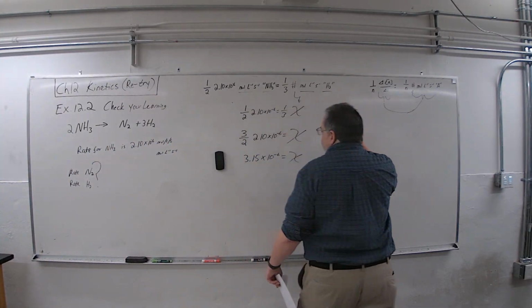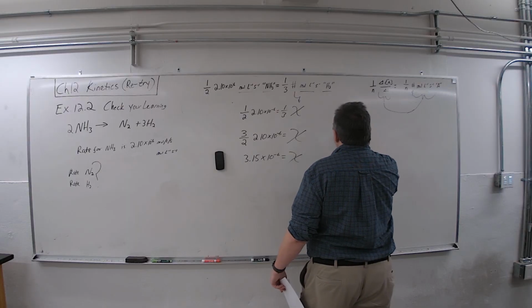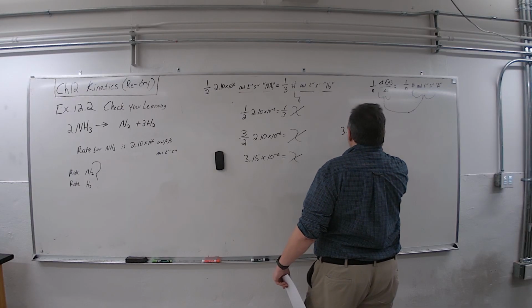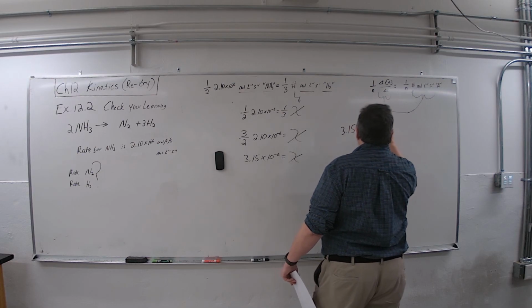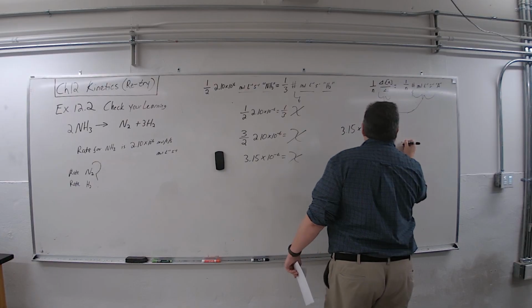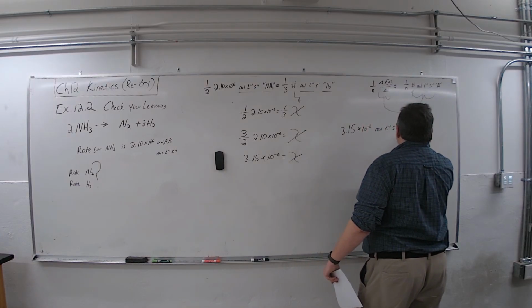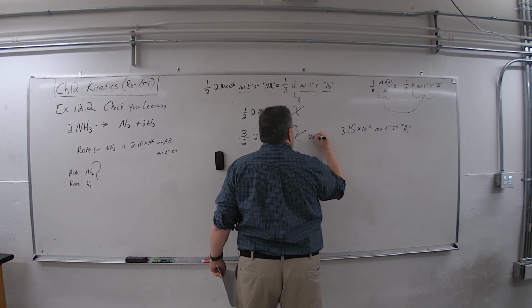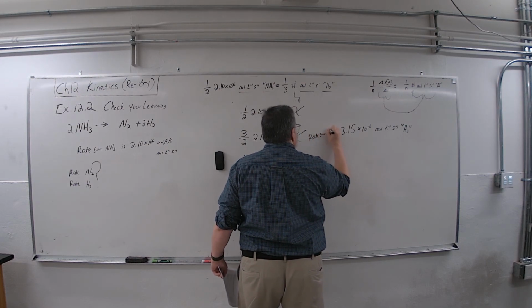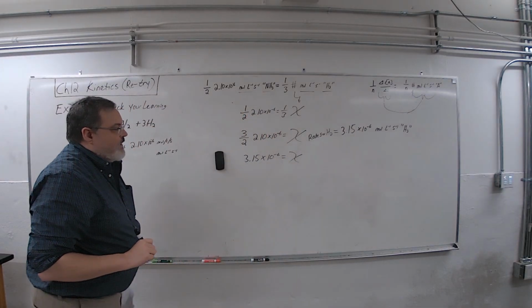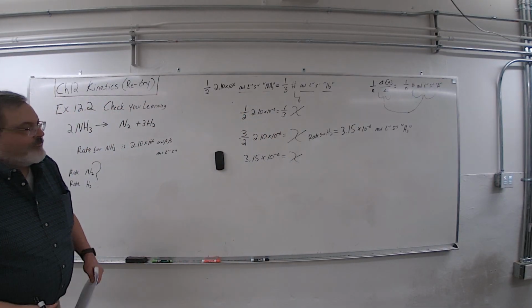So to write it properly would be 3.15 times 10 to the negative 6 mole per liter per second. Now I would always put the label on, rate for H2. So that means moles per liter per second.